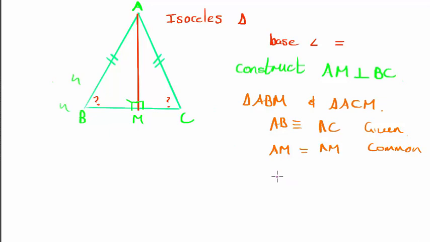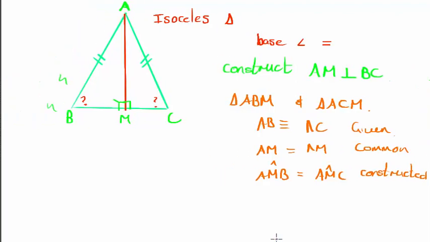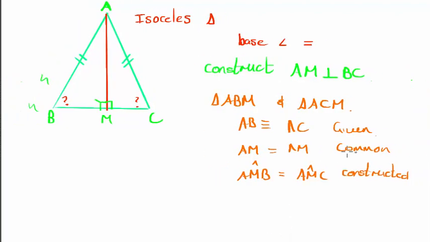And we have that angle AMB is equal to angle AMC. What reason did we get? Was it given? No. It was construction. That's how I constructed it, and I'm allowed to construct anything I want, as long as it's helpful. And now from this, what can I conclude?